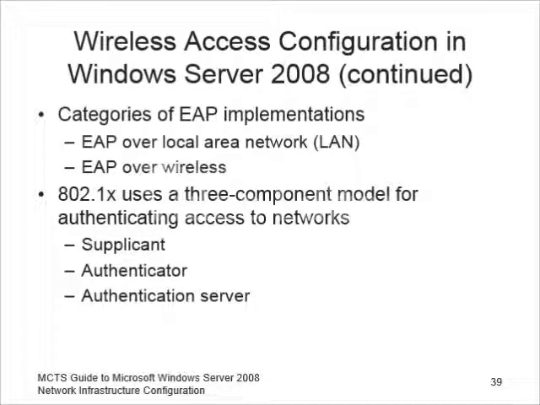The authentication server role in this kind of infrastructure can be performed by a Windows Server 2008 computer that is running the Network Policy Server role, as well as any third-party RADIUS server.